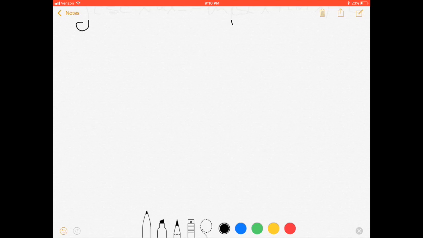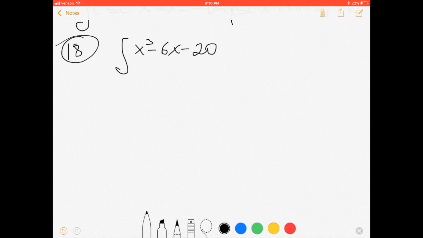Now I'll give you a couple of examples from your book, similar to your homework. For example, number 18 from section 5.2. Here inside the integral you have the rational function x cubed minus 6x minus 20 over x plus 5, dx.